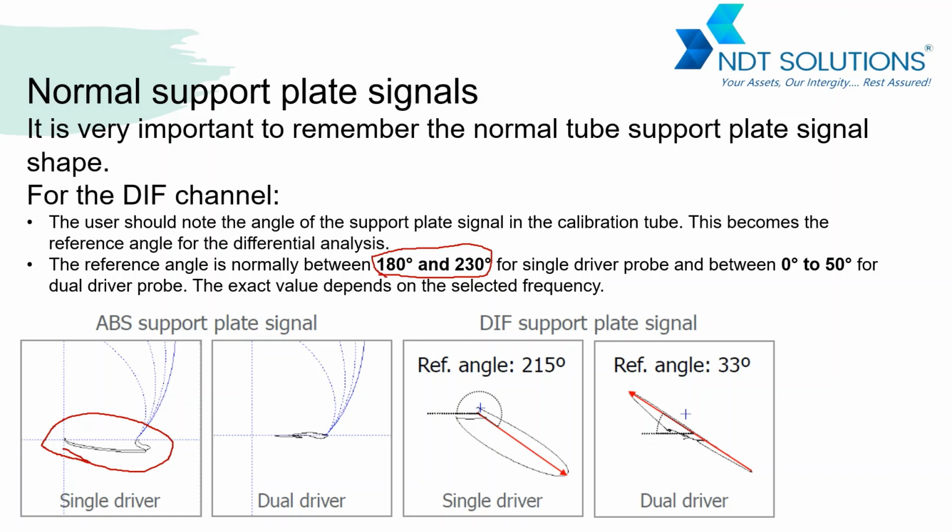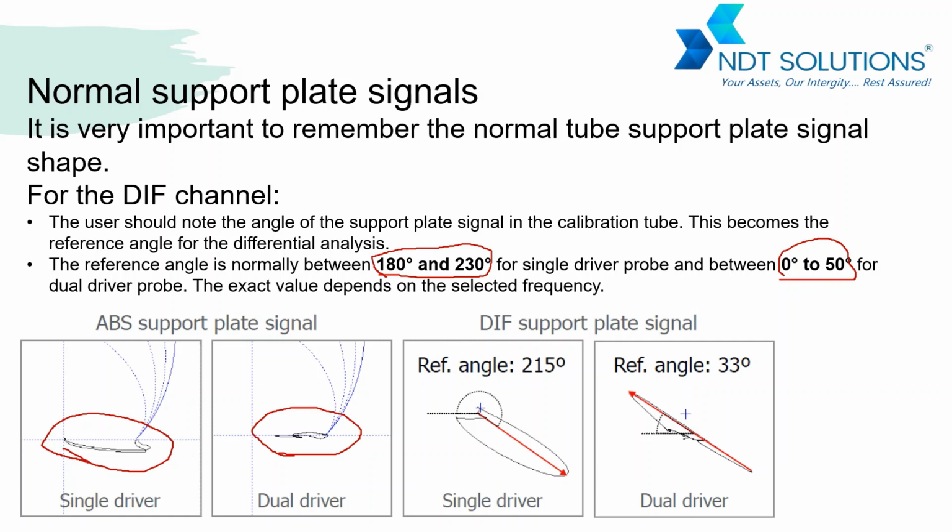But if you are using a dual drive probe, your signal will appear like this, and the angle for that one is 0 to 50 degree. In dual drive the signal will reverse, and that's why it is 0 to 50, and here it is 180 to 230 degree.